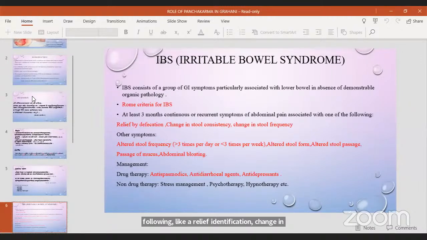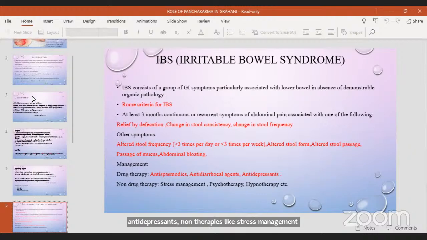Other symptoms include altered stool passage, passage of mucus and abdominal bloating. These conditions can be managed by drug therapies like antispasmodics, antidiarrheal agents and antidepressants, and non-drug therapies like stress management, psychotherapy and hypnotherapy.